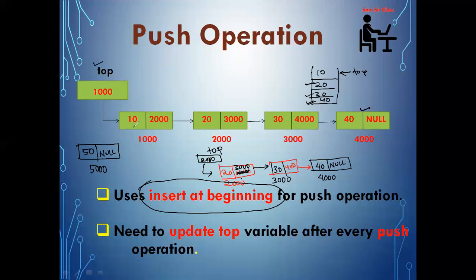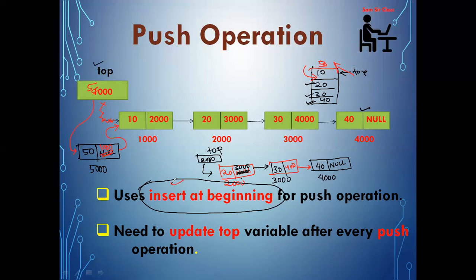This 50 needs to be pushed above 10, so top should point to that element, but 50 should be connected with 10. That's why in the next part of 5000, I'm keeping the value of top, 1000, so that it will be connected. After that, in place of 1000, top should be 5000, so the top will point to the first node and the old connection will be deleted.